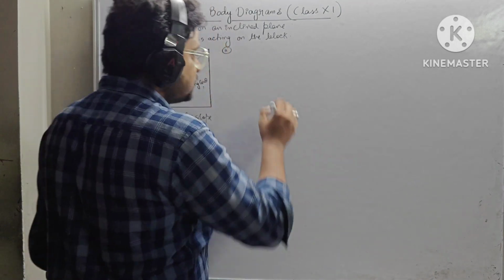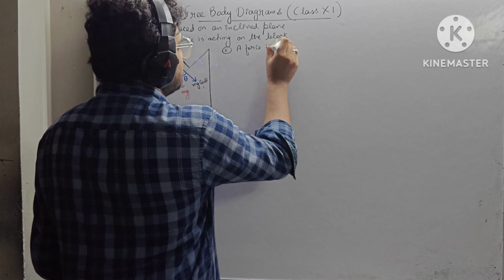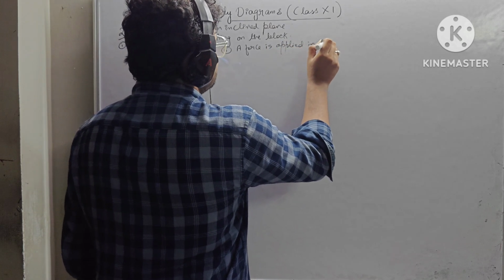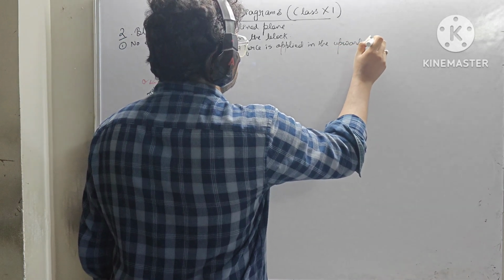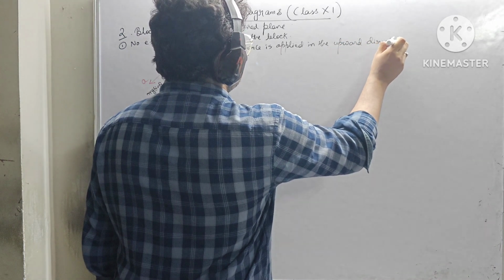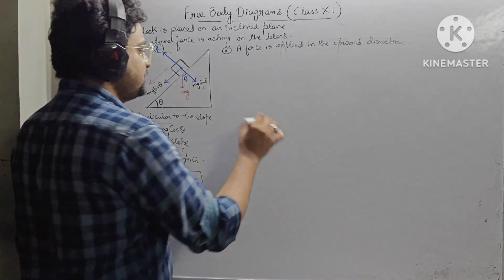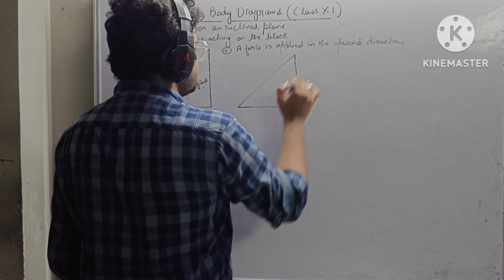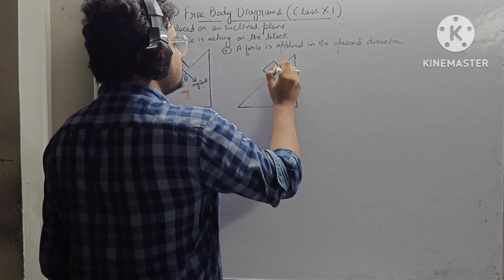So number 2 is a force is applied in the upward direction. Okay? So see the diagram. This is our inclined plane. This is our block.